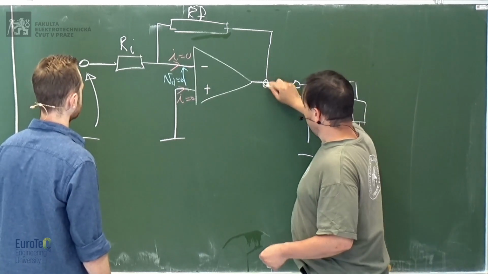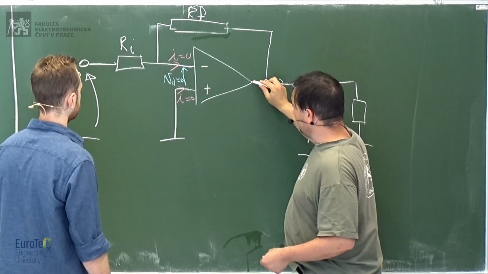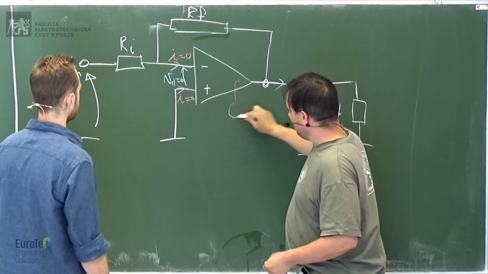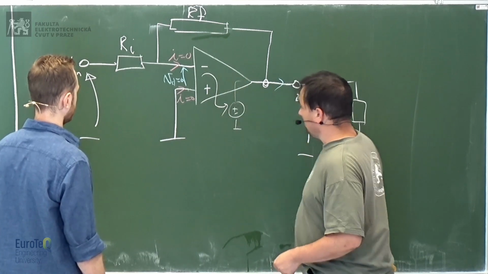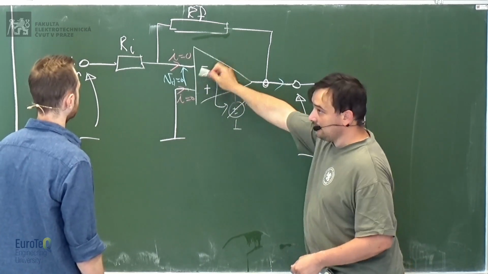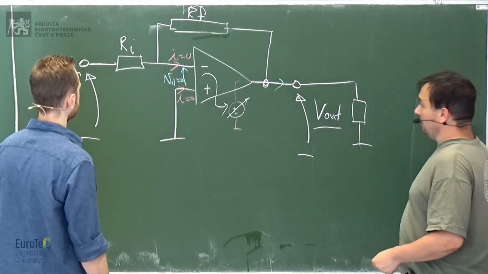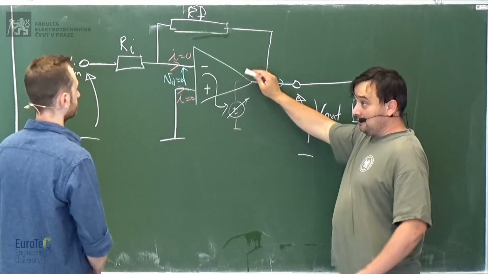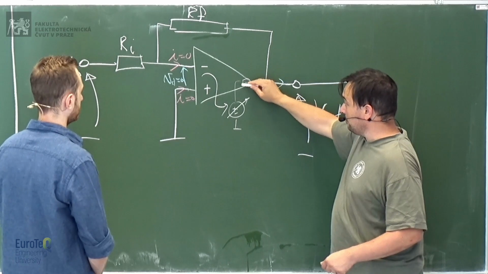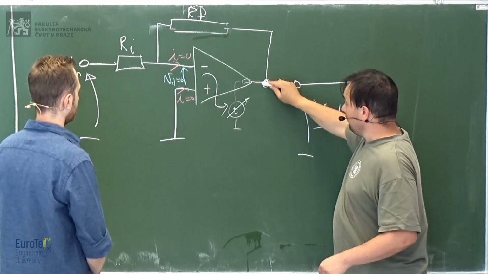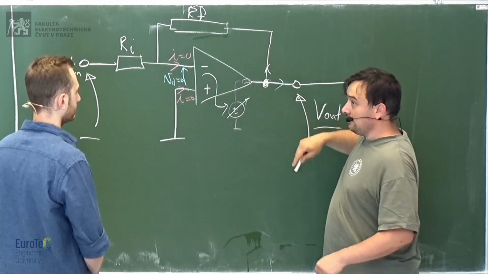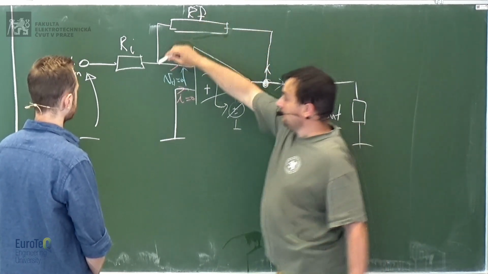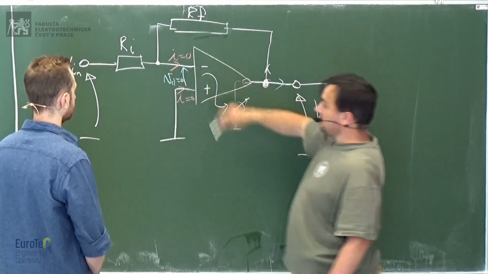If there is a load here, internally you can see it like a source of voltage which is controlled by the difference of voltage here, okay? If this is ideal, so it has no output impedance, then this voltage would be able to provide the current to this feedback to have exactly this condition.